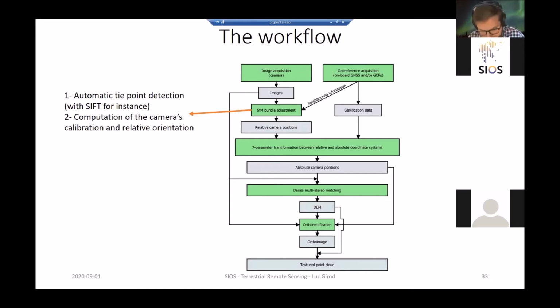but that's a nice way to visualize, and we'll talk about it this afternoon in the hands-on. But yes, when you get to that point, you don't actually have a full model of the object of interest. So you need to do what we call dense multi-stereo matching, or as I said before, only stereo matching if you don't have the luxury of 3 images or more than 2 images. Stereo matching.